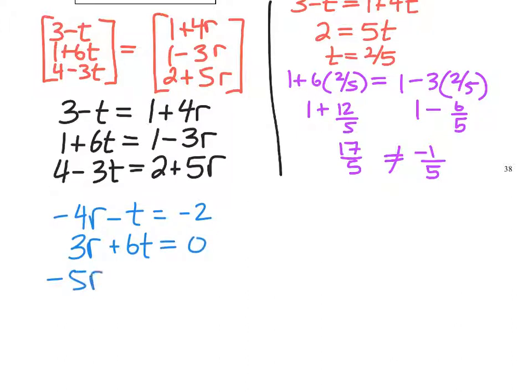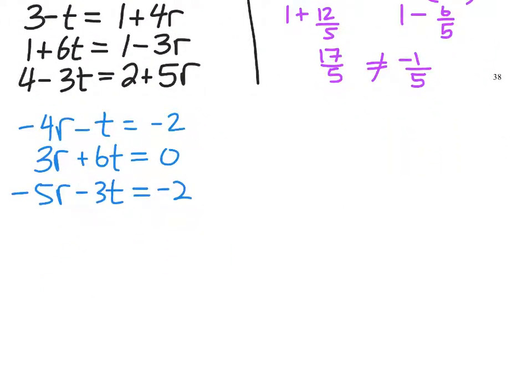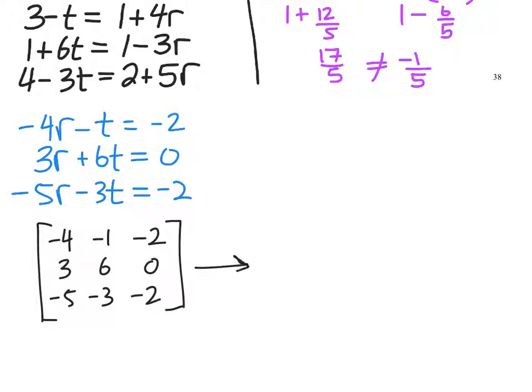Negative 5r minus 3t is equal to negative 2. All right, so we got a system here. We're going to RREF this and see what we get.